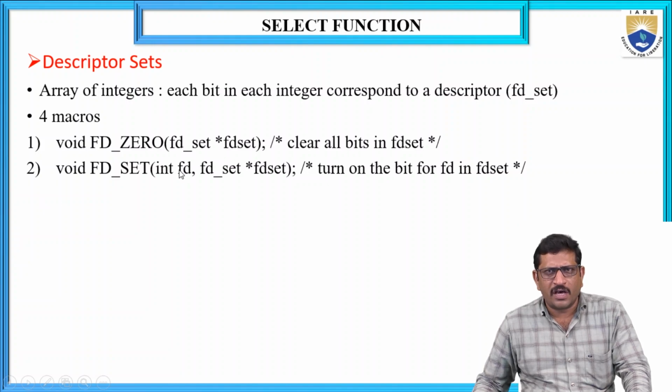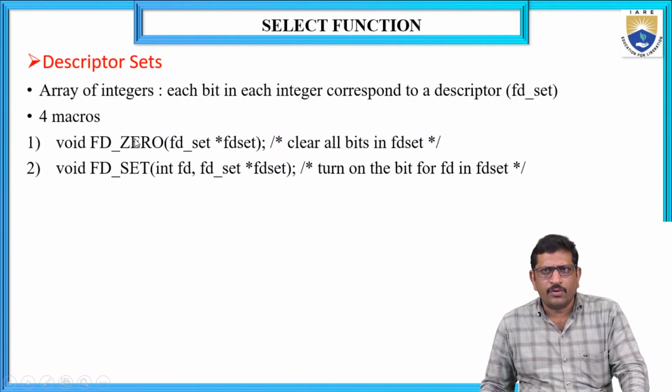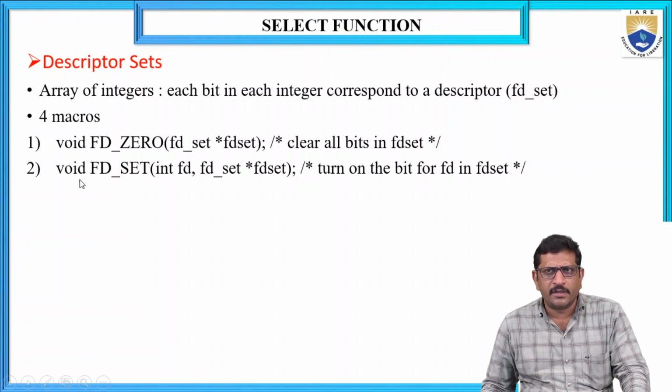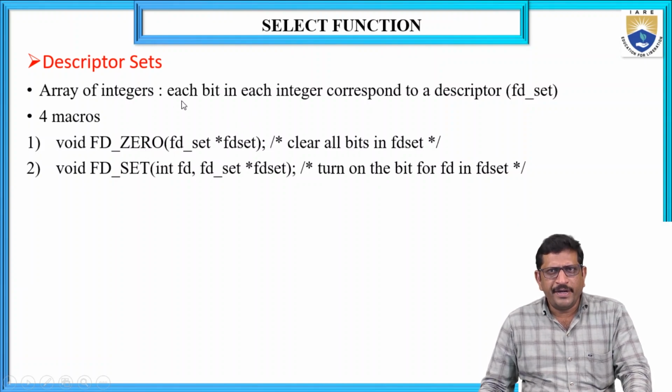Here the 4 macros are: void FD_ZERO, that is fd_set, pointer type. FD_ZERO clears all bits, whatever the bits we are using in a file descriptor set. These bits are the data transmitting bits, and all the bits can be cleared.